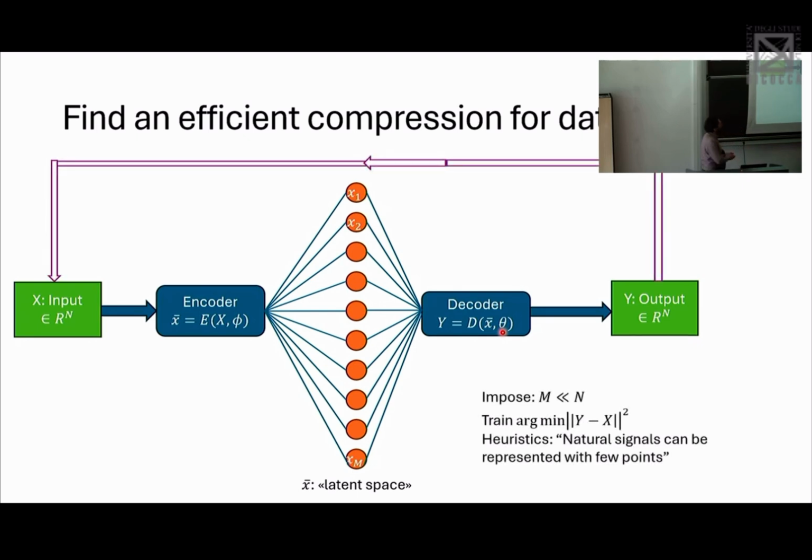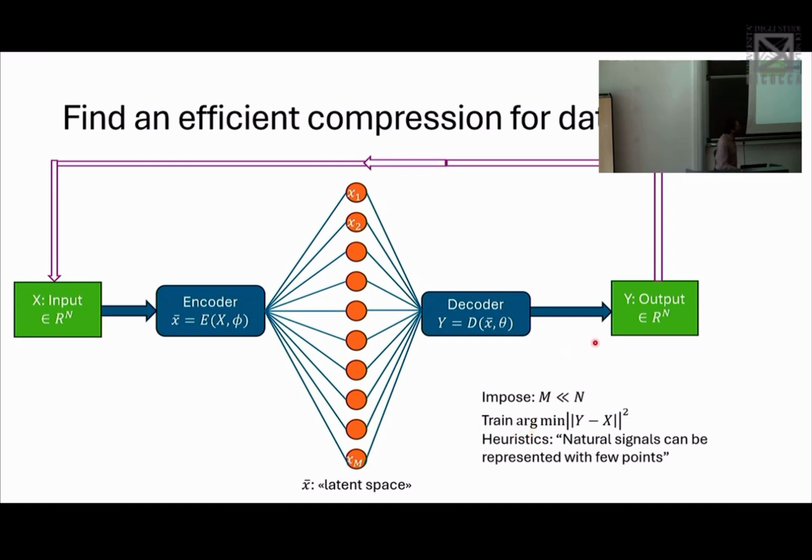Now, where does this get interesting? What happens if you impose that these numbers here are few? So the dimensionality of the code is much less than n.